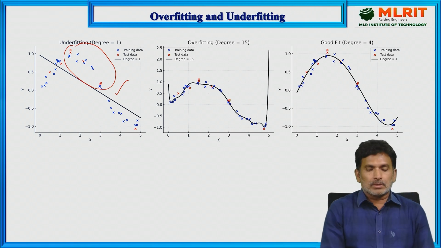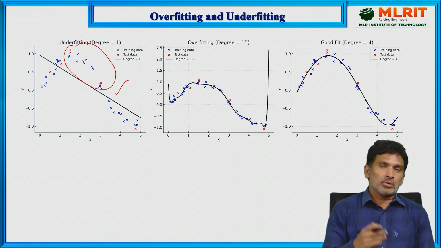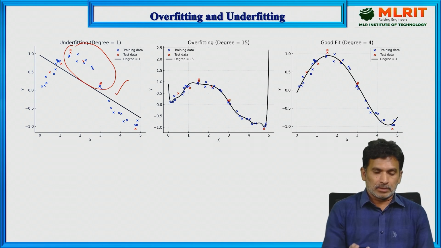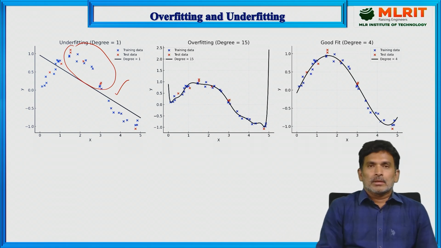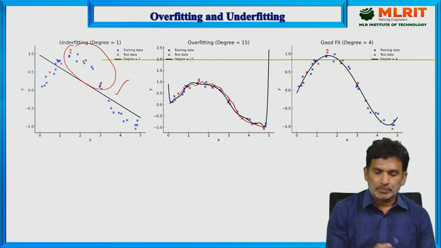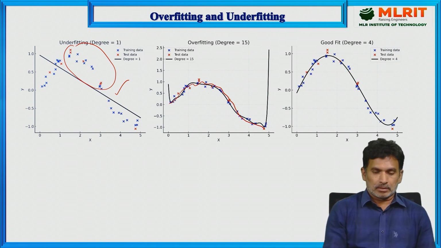So next, overfitting. That means the model is too complex. When the model is too complex, like here, you can see it hugs each and every data point. That is again a problem.